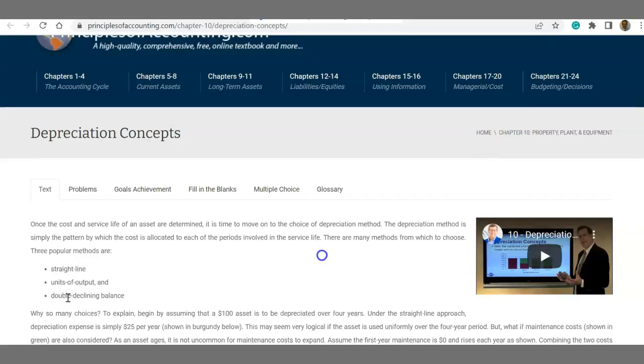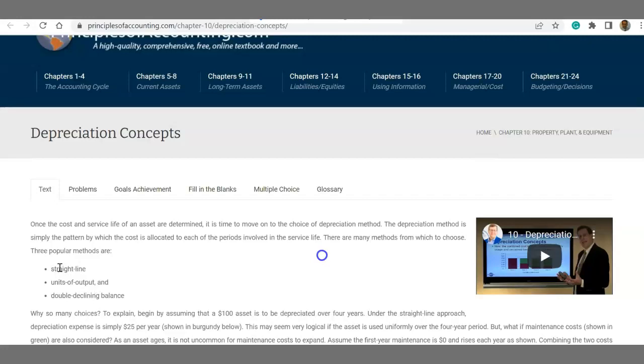Under MACRS you can also have the option to use straight line. So straight line is available under MACRS, and regular double declining is available under MACRS. However, units of output does not exist under tax purposes.